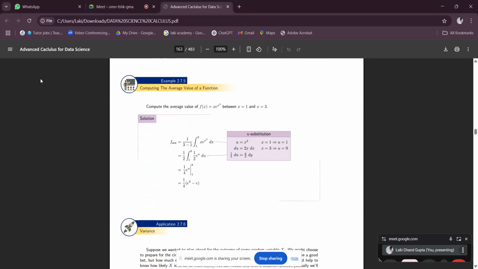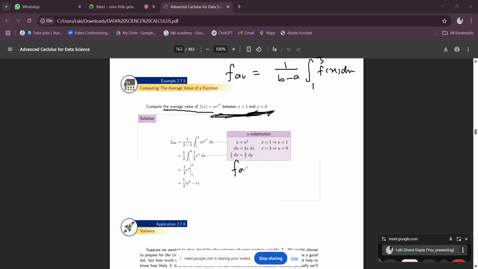Let's see this example. Compute the average value of the function. You know the average value of any function is what? 1 upon b minus a, integral of f(x) dx, from x equal to 1 to 3. Here b means 3 and a is 1.